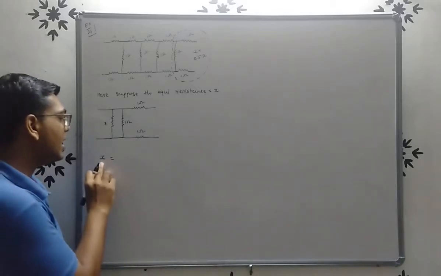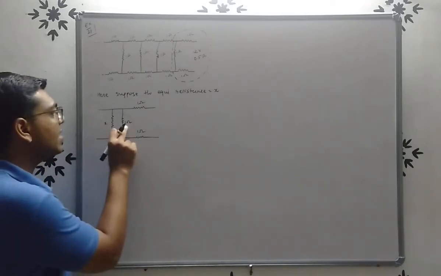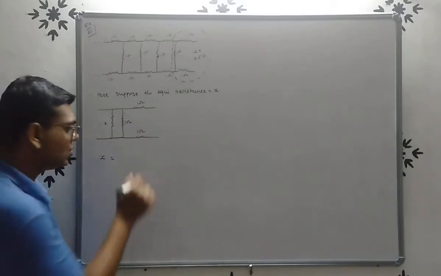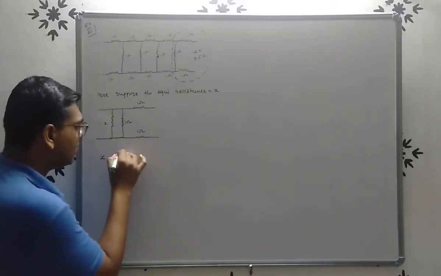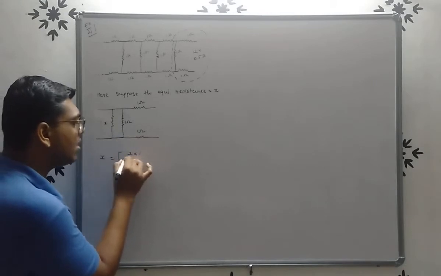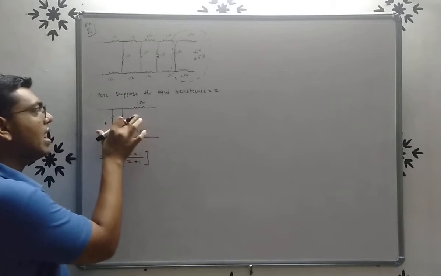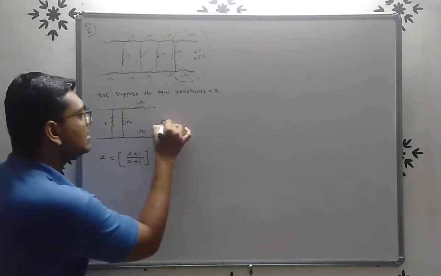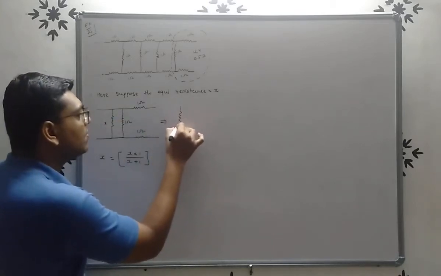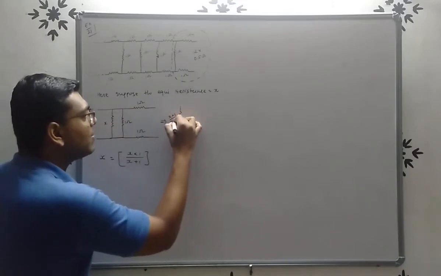So total equivalent resistance X is equals to, here X and 1 are in parallel. So for this combination the equivalent resistance is X into 1 upon X plus 1, right? And this is the equivalent resistance of these two, X into 1 upon X plus 1.